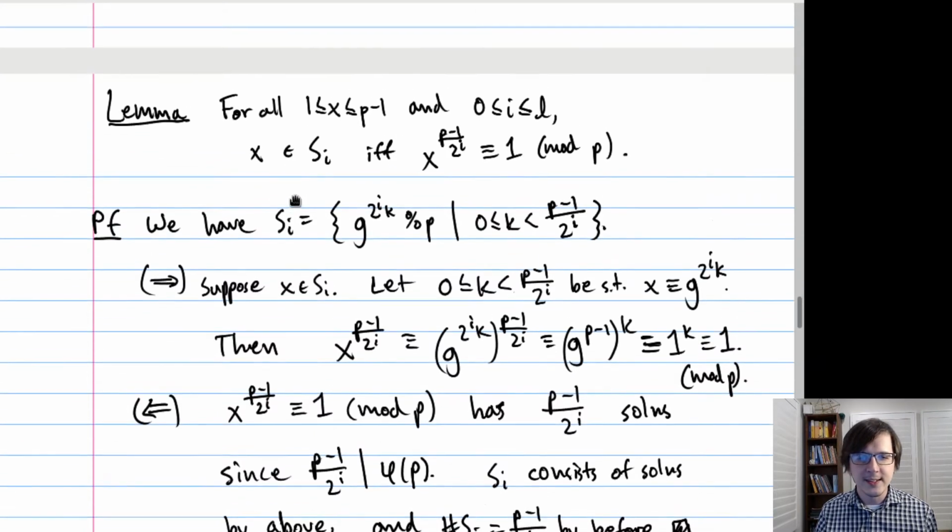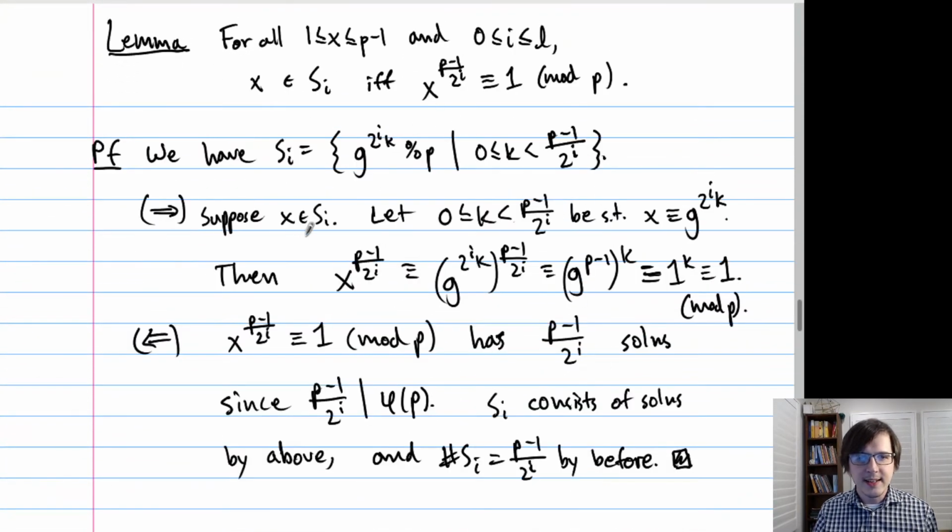So for the forward direction, let's suppose that x is in Si, and then let's let k be the number such that x is congruent to g to the 2^i k. That comes from x being in Si written this way. So once we've written x in that form, we can check that when we raise it to the (p minus 1) over 2 to the ith power, the 2 to the i's cancel out, and we can bring the p minus 1 in.